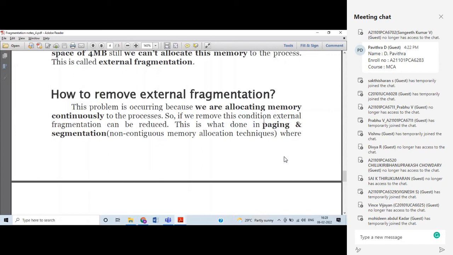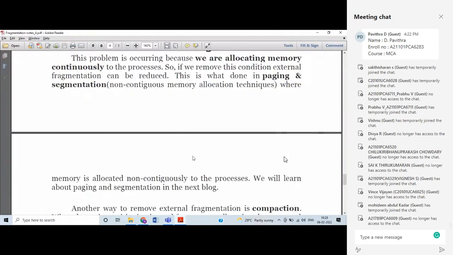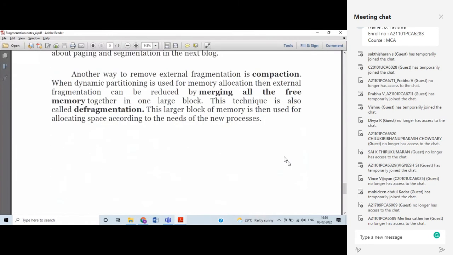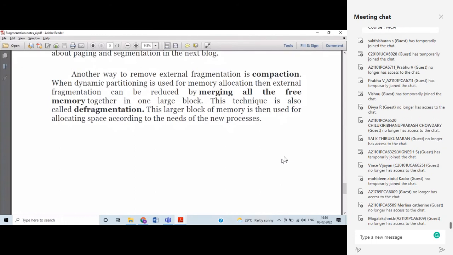So if we remove this condition, external fragmentation can be reduced. This is what is done in paging and segmentation. So to remove external fragmentation, we have two mechanisms, paging and segmentation. This is one solution.